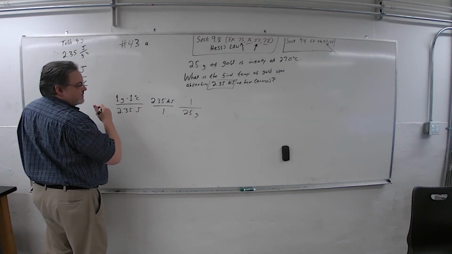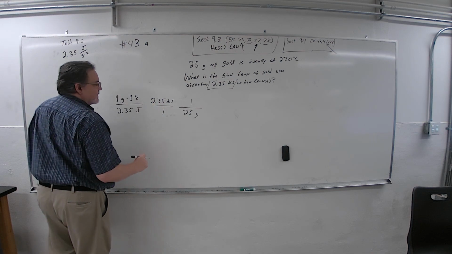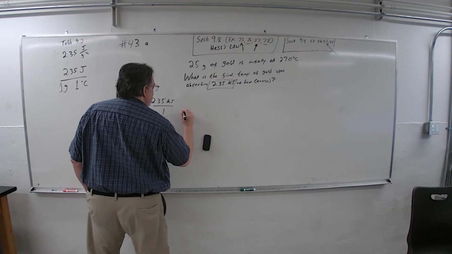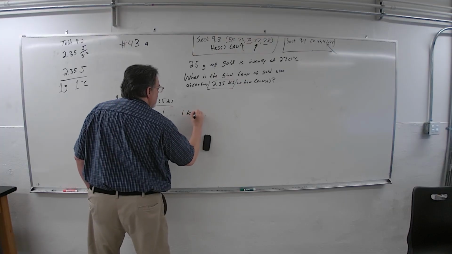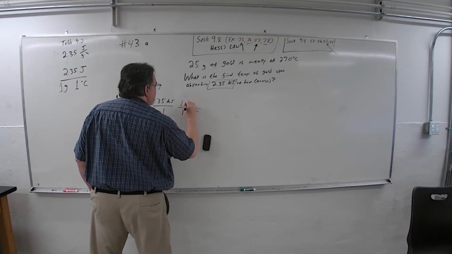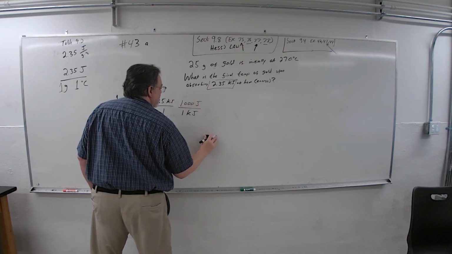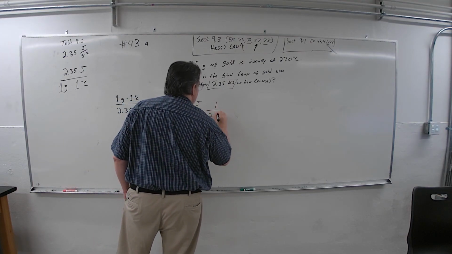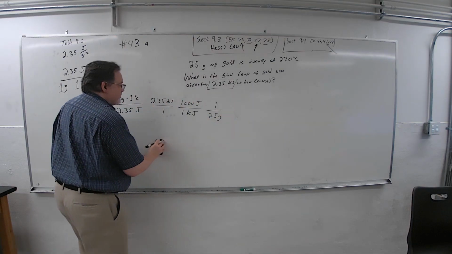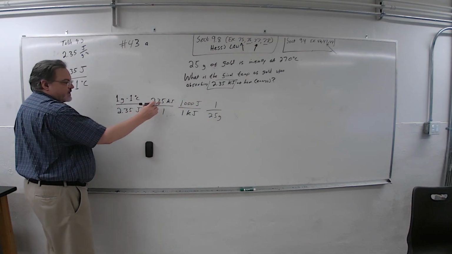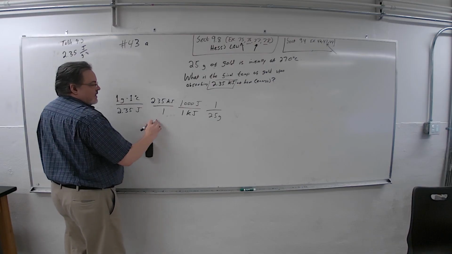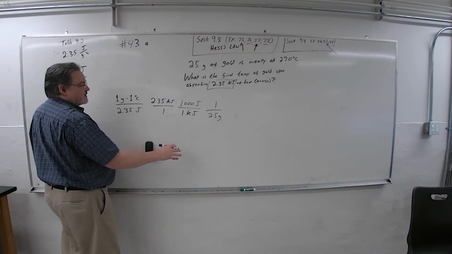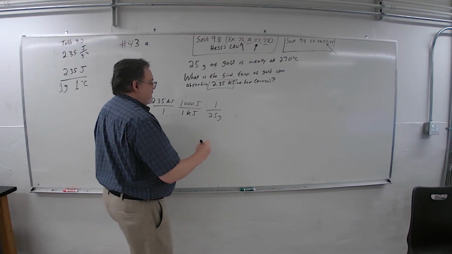Oh, they gave us this in kilojoules. So we have to go: 1 kilojoule is 1,000 joules, since that's in joules and that was kilojoules. So now joules cancel, kilojoules cancel, and grams cancel.